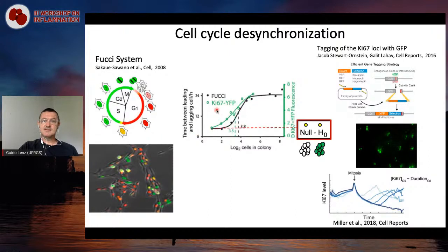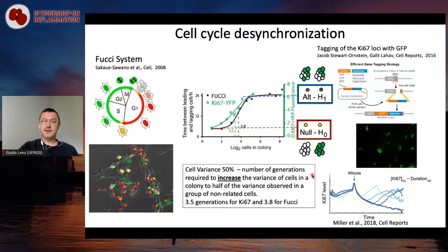And what we saw, and here we have our null hypothesis and our alternative hypothesis, is that with the increase in colony size, the cells gradually become desynchronized. And here we can have an IC50-like number, which we call cell variance 50%, which is 3.5 generations for Ki67 and 3.8 generations for FUCCI.